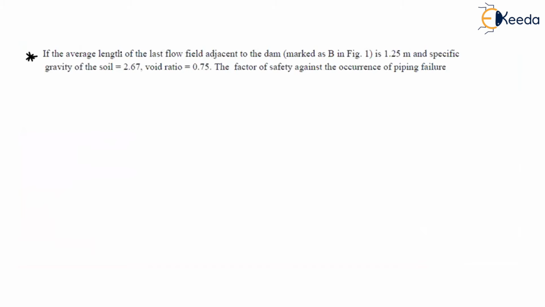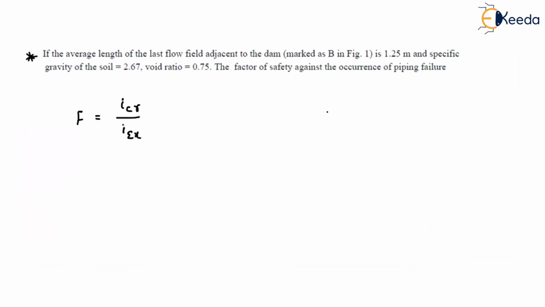If the average length of the last flow field adjacent to the dam and the specific gravity of the soil are given, find the factor of safety against piping failure. So how can you find the factor of safety against piping failure? That is nothing but the critical hydraulic gradient to the exit hydraulic gradient.